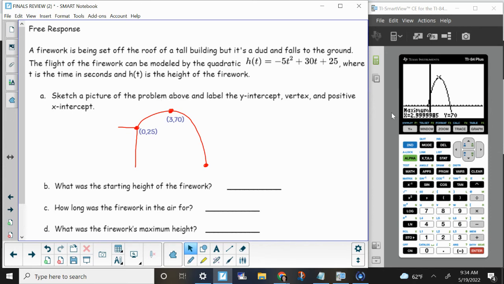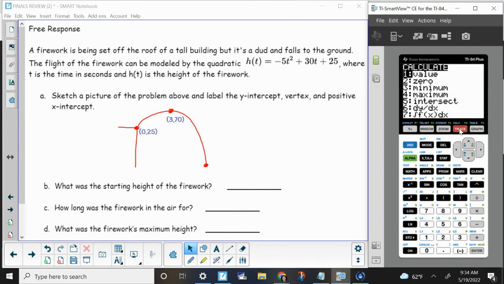All right, next, I want to be able to find the x-intercept. I'm going to hit my second key, and my trace button, which will bring me to calc, and then I want to go down to zero. Now what I want to do is figure out where this is going to cross the x-axis, the x-intercept I want to find.